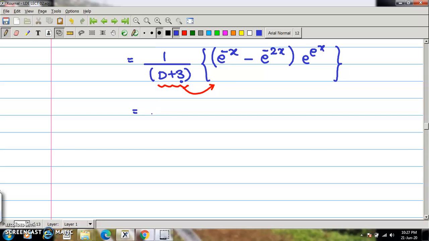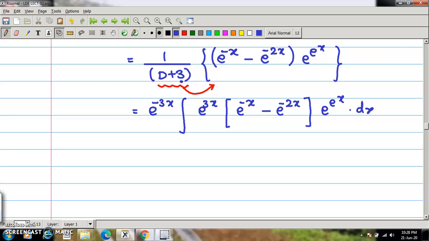So we start with e raised to minus 3x, integration of e raised to 3x into f of x. Here f of x is e raised to minus x minus e raised to minus 2x into e raised to x, dx.